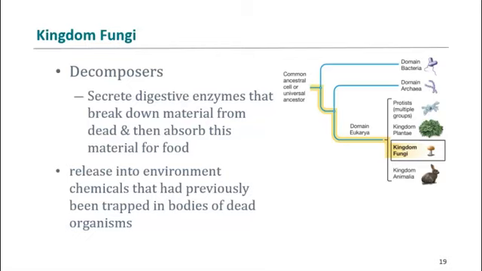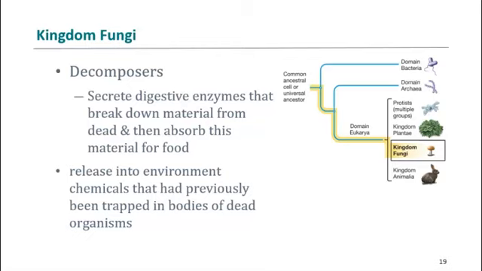So it could be the body of a dead mouse, or it could be a tree that has fallen in the woods, or it could be leaf material. Anything that has died, and in some cases it's also living organisms that they feed off of too. But for the most part, most fungi are going to be decomposers living off of dead organisms.